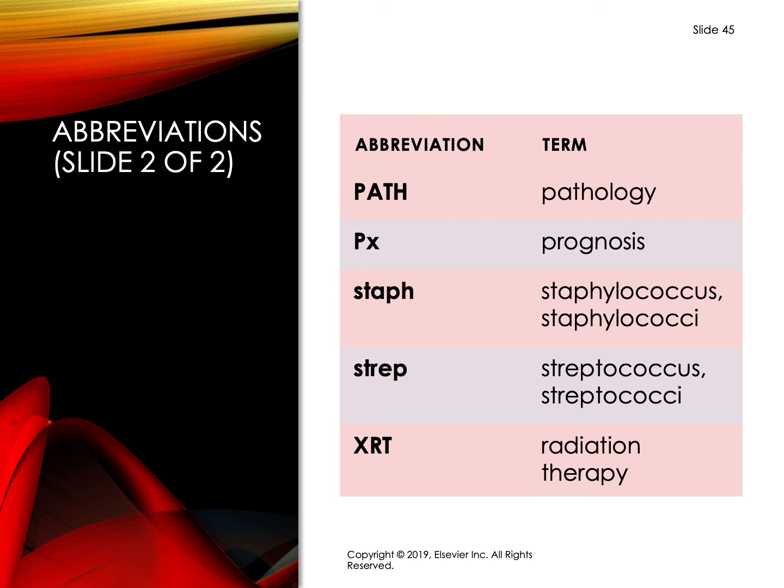We probably all have heard the diagnosis of strep throat. Well, that's what they're referring to: the tissue of the throat or pharynx has become invaded by this streptococci bacteria. And we refer to that as strep. And then the last one here is radiation therapy, which we abbreviate as XRT.